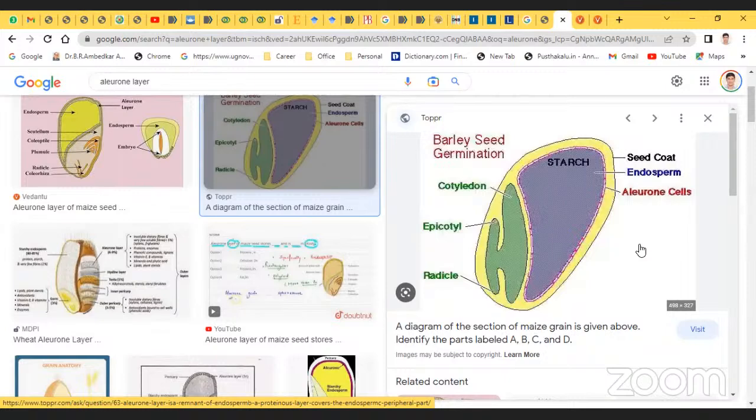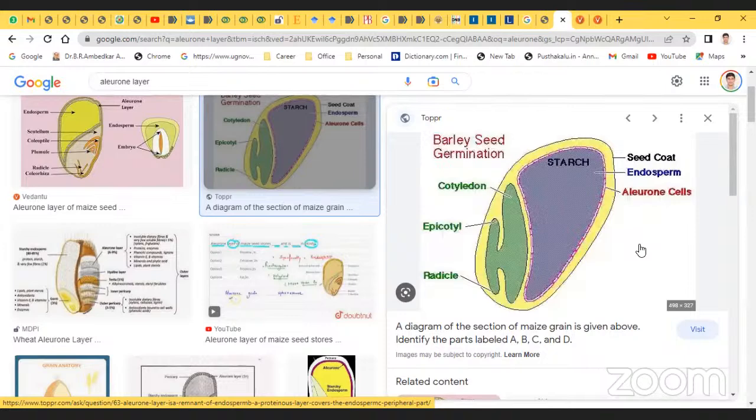Okay. So the development of embryo from the zygote is called embryogenesis. The dicotyledonous embryo has two cotyledons attached to an embryonic axis. The terminal part of the axis above the level of the cotyledons is known as epicotyl, and it eventually forms the plumule.